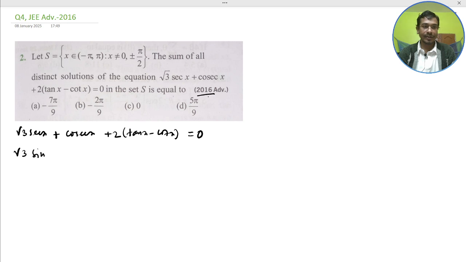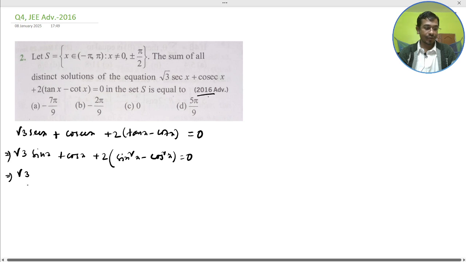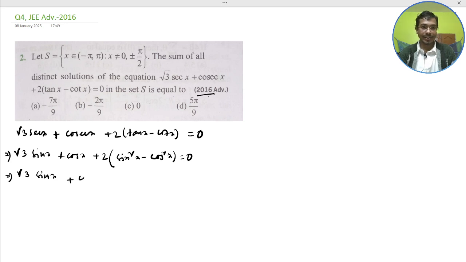Root 3 sin x plus cos x plus 2 times (sin square x minus cos square x) is equal to 0. So root 3 sin x plus cos x minus 2 cos 2x equal to 0.